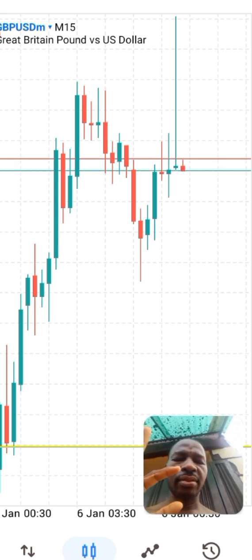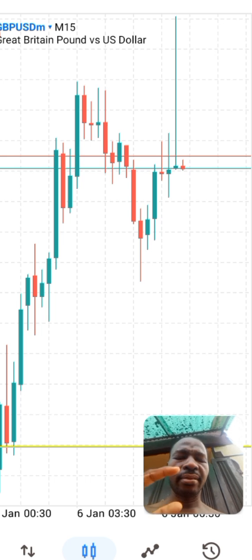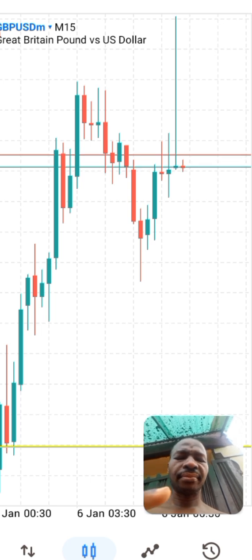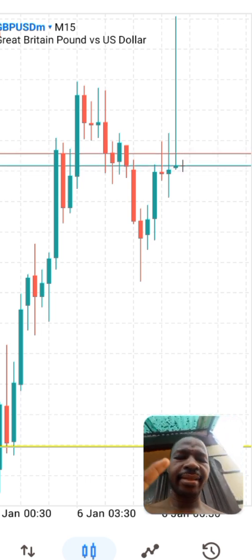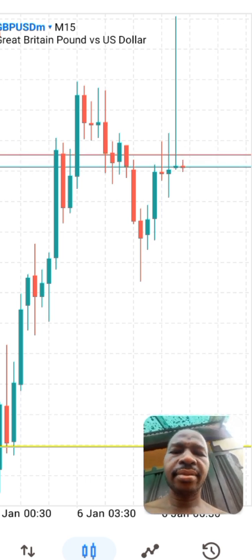So that's why it's not good to open multiple positions when your account is small, especially when you want to scale it up. It's good to keep it at one. So you scale it up, watch it, and don't open multiple positions to avoid a lot of drawdown. Once you have a little drawdown on a small account, the next thing is that you blow your account. That is what happens.